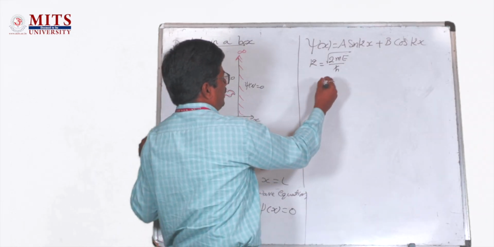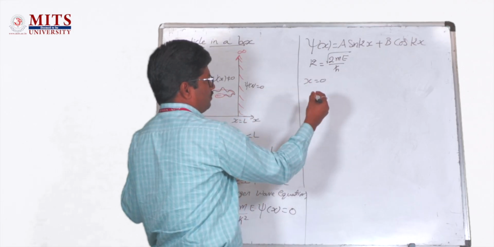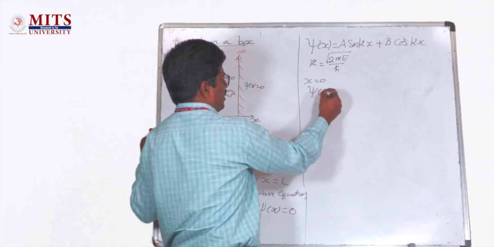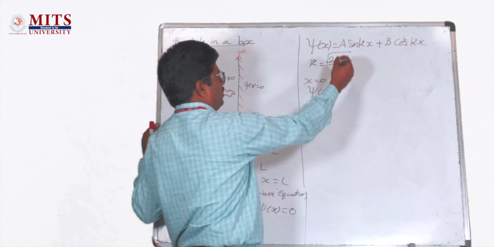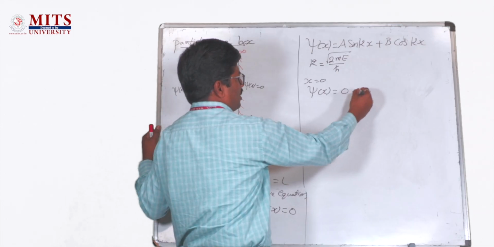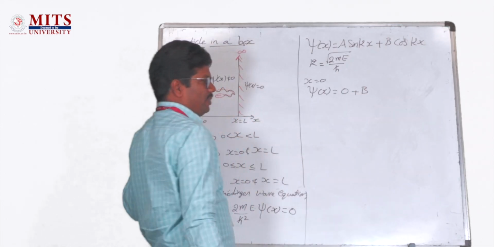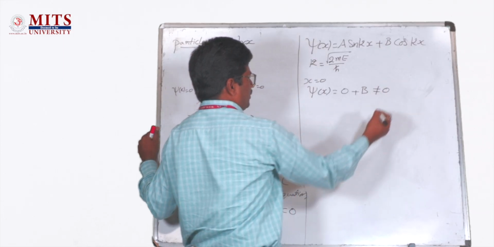If you take this solution and apply the boundary condition x equal to 0, what happens to psi of x? Sine 0 is 0, so that term is 0, but cos 0 is not 0, so you will get b, which means psi of x is not equal to 0.